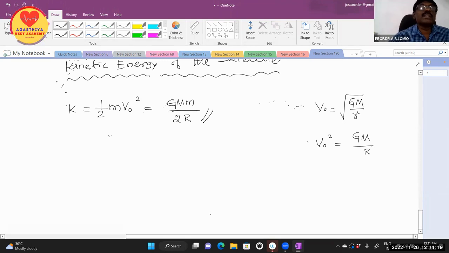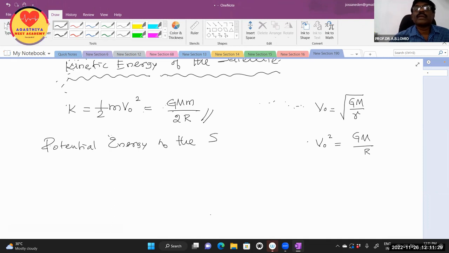Next one, potential energy. What is known as potential energy? I have already explained this concept. Potential energy is the energy possessed by the body due to its position. When the satellite is positioned at a particular height from the Earth's surface, it attains potential energy.